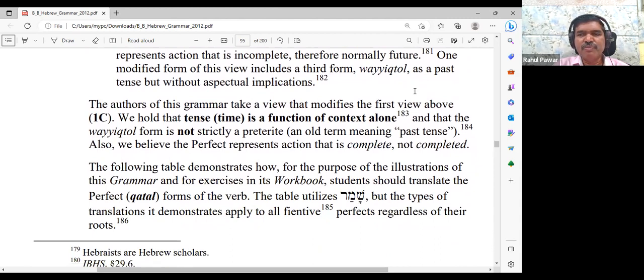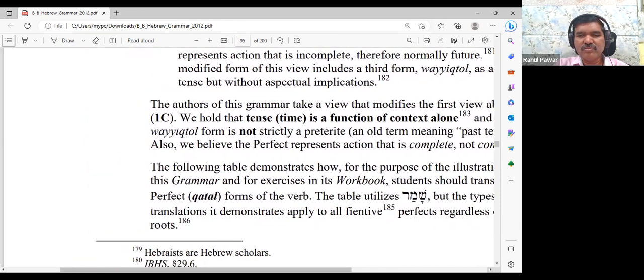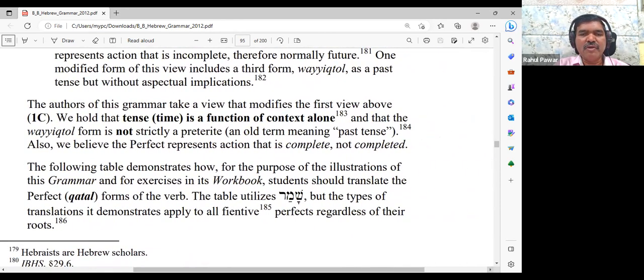Now, one very important statement they are making here: the author of this grammar takes a view that modifies the first view above, that is 1C. We hold the tense time is the function of context alone, and that the vaiktal form is not strictly preterite, the old term meaning past tense. Also, we believe that the perfect represents action that is complete, not completed.